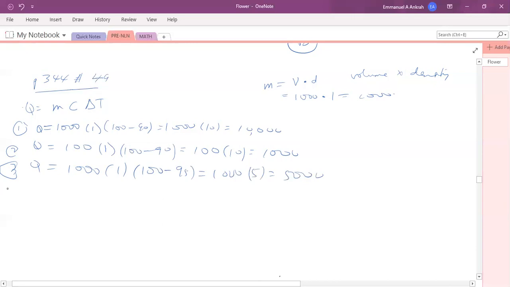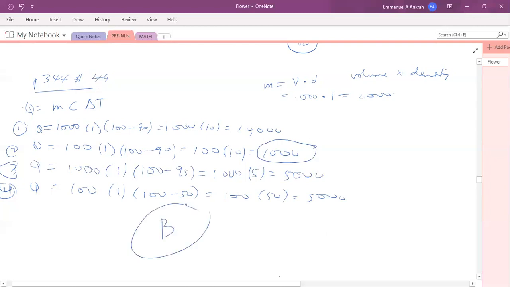And then the last one, quantity of heat will be the mass, which is 100, times 1 times the change in temperature, 100 minus 50. So that will be 100 times 50, and that will be 5,000. Okay. So if you look at this, the smallest amount is B, 1,000. So that's why it's B. The least amount of heat that you need, 1,000.